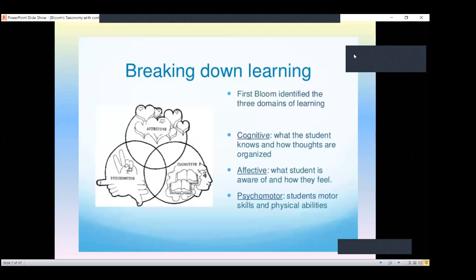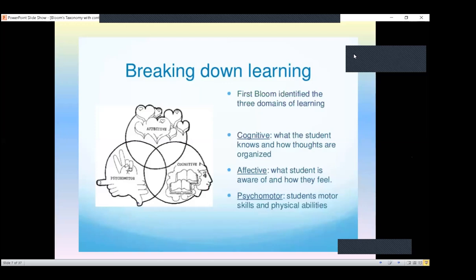The third part is psychomotor, where students' motor skills and physical abilities are assessed. Mainly Bloom worked on cognitive and affective skills, but here we are going to see cognitive skills more, because this is completely related to our examination pattern.